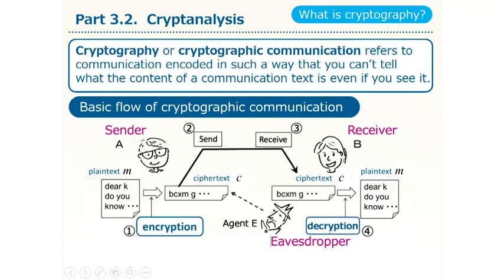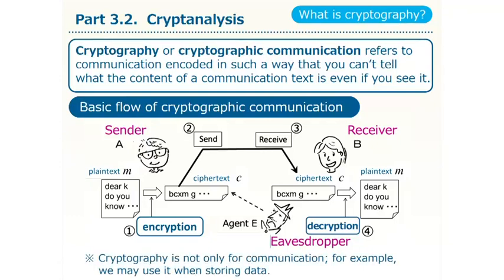Furthermore, there may be someone looking at this ordinary communication. We will call him an eavesdropper. In cryptography, we usually consider the worst-case scenario. That is, we assume that he was able to get this ciphertext completely by some method. Even in this situation, we want him not to obtain any information on the original plain text.